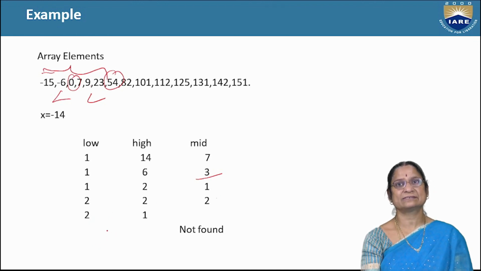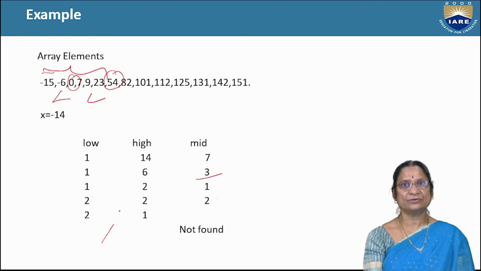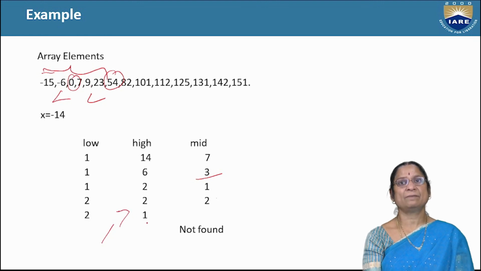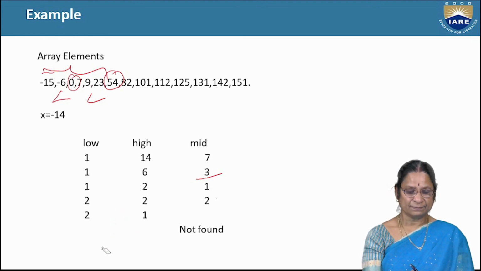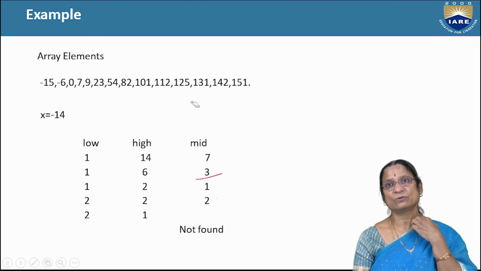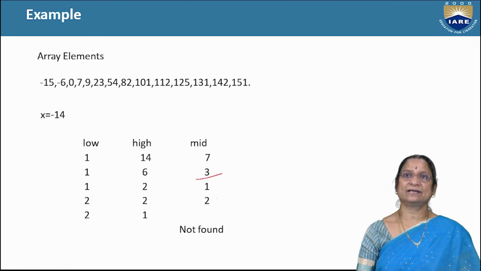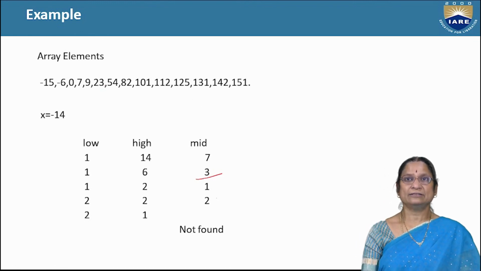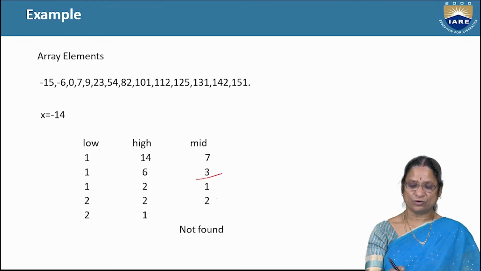The list got exhausted because the lower value is greater than the upper value. Repetition of the loop is going to be considered as long as the lower bound value is lesser than or equal to the upper bound. When it becomes greater than, we will stop. That means the value is not found.